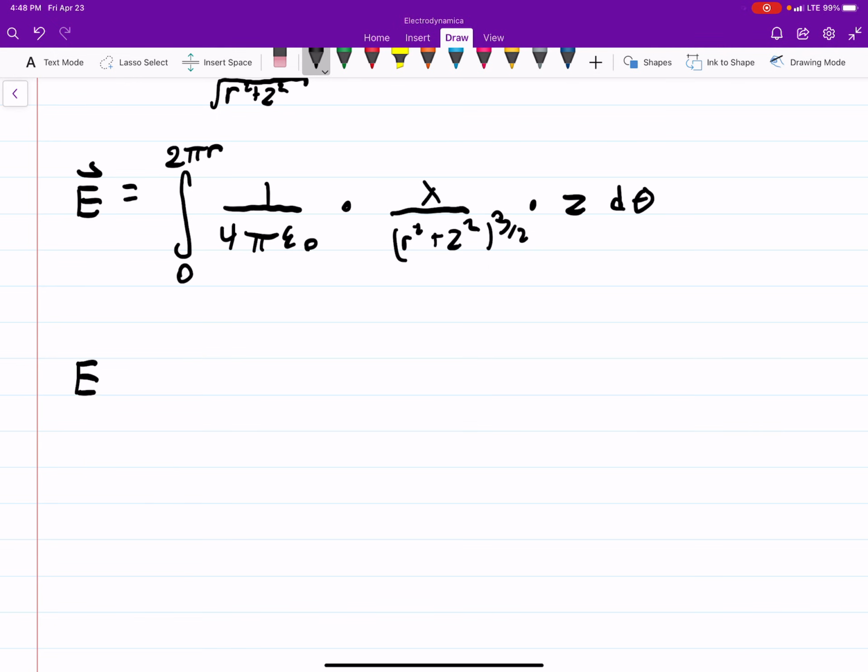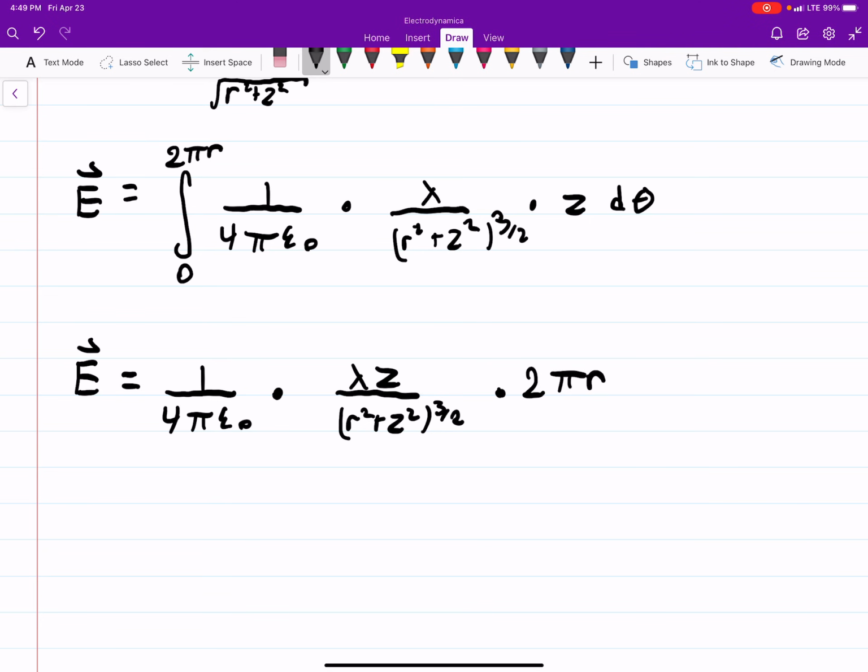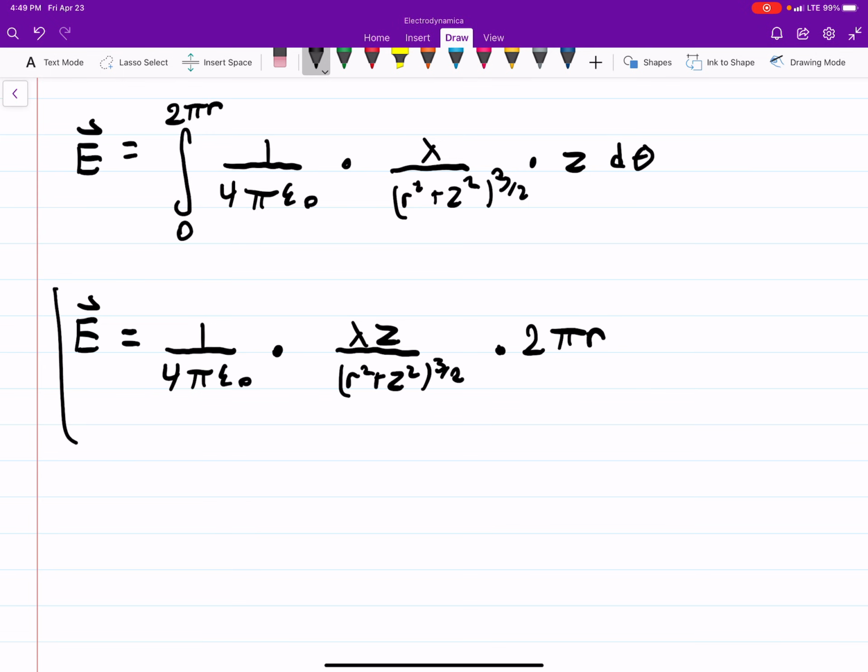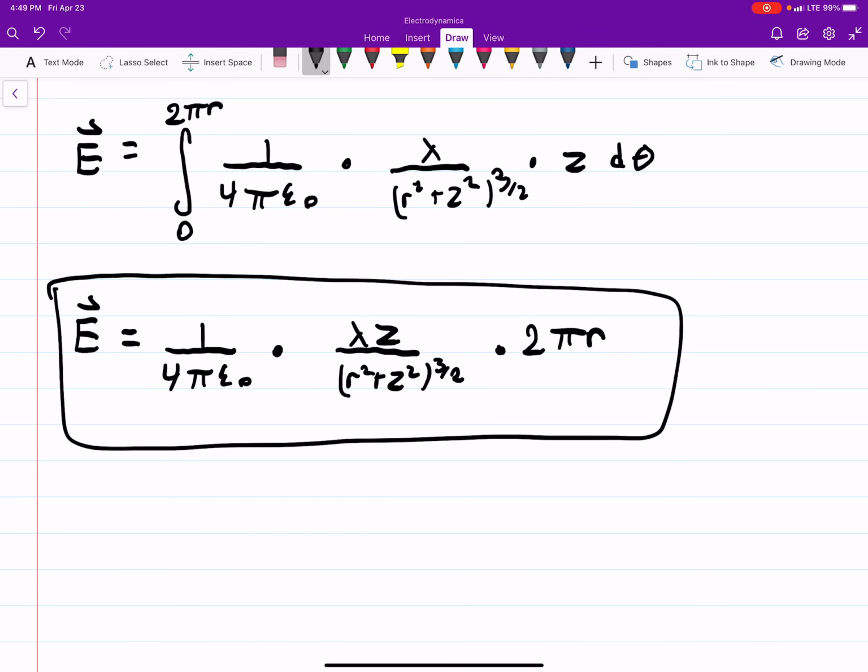So our E field, and remember the z direction is all we want here, is lambda z over r squared plus z squared to the 3/2. These are all just constants. And then when you're left with just the integral of d theta, it's theta, and then you integrate with your bounds, and you'll just have 2 pi r. This is your E field. So hopefully that helps somebody. It helped me.